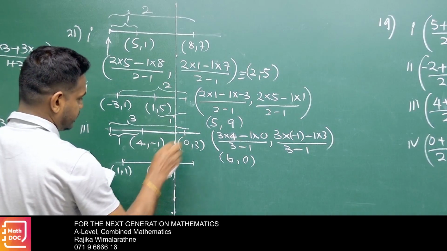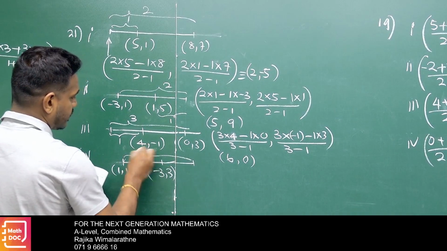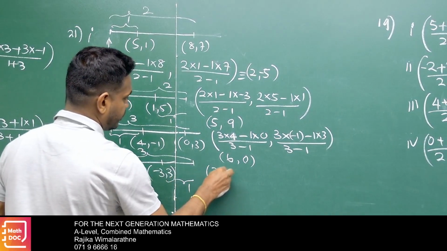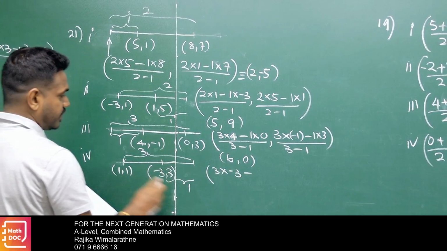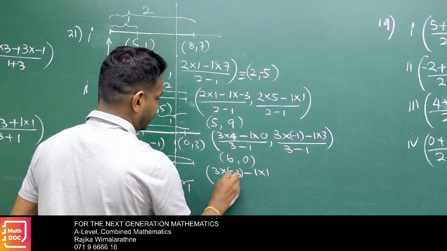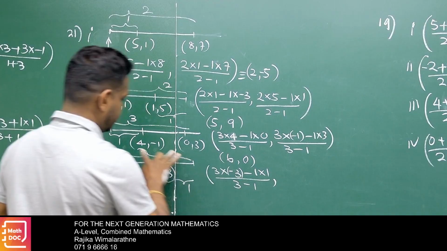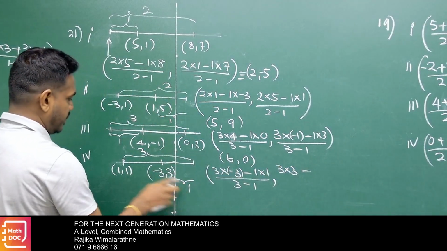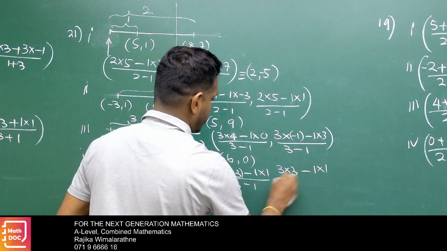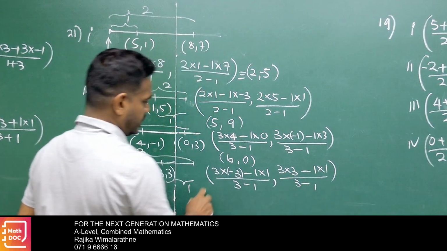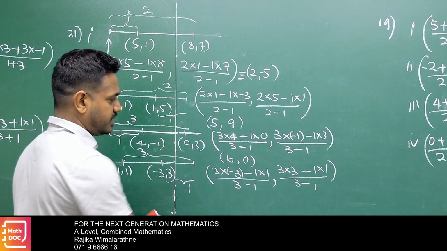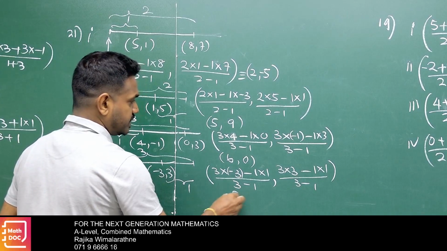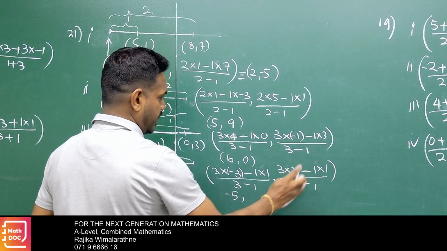Then you have to extend this way. 3, here 1. 3 times minus 3, minus 1 times 1, over 3 minus 1, 3 times 3, minus 1 times 1, over 3 minus 1. Here minus 5, 4.